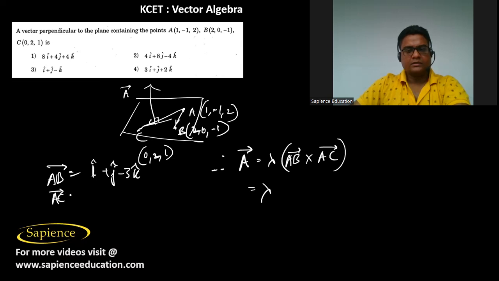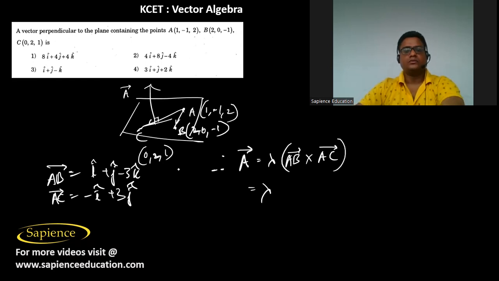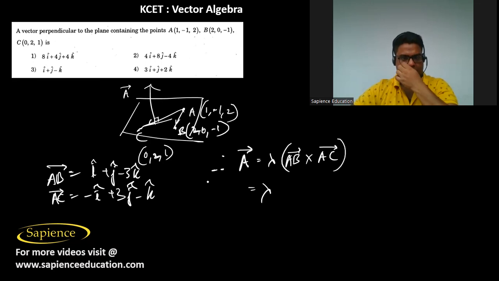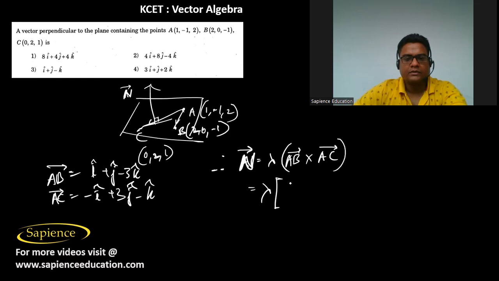Similarly, AC vector will be equal to 0 minus 1, so minus i cap, 2 minus of minus 1, so 2 plus 1 that is plus 3 j cap, and plus 1 minus 2 it is minus k cap. So here we can write the n vector, that is the normal vector, to find. So n vector will be lambda times AB vector cross AC vector.